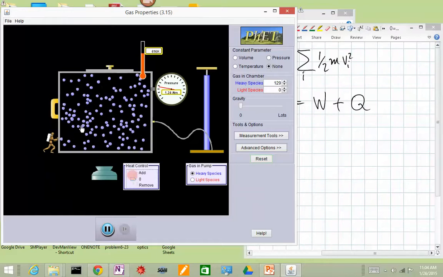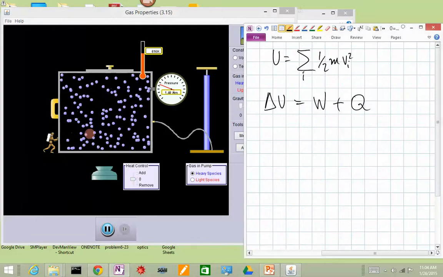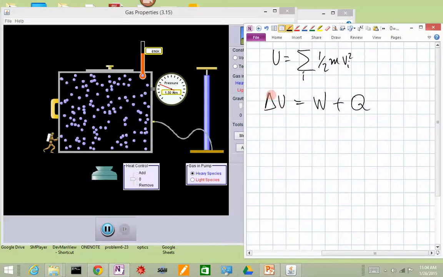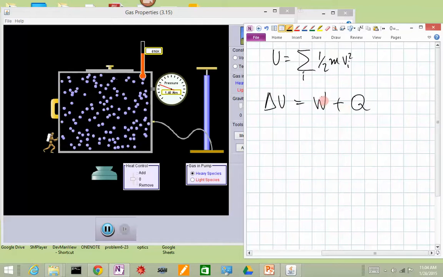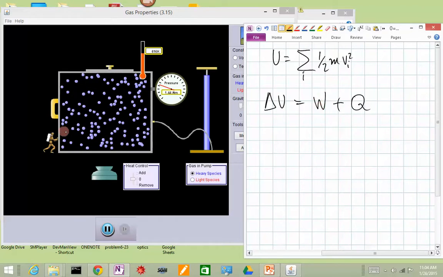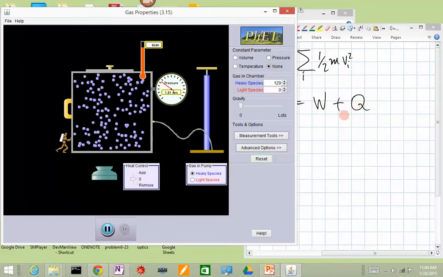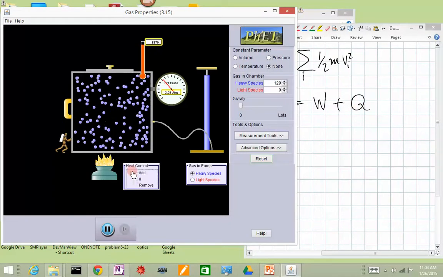These are the two ways in which I can change the energy of the system. We write that the change of energy of this ideal gas is equal to the work done on the gas, by compressing it like that, plus the heat that was added to the gas.